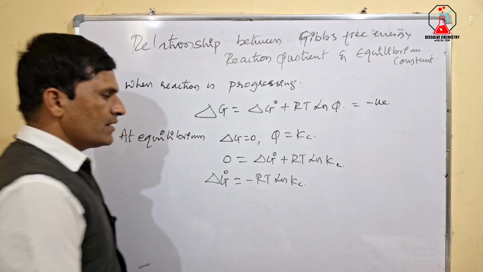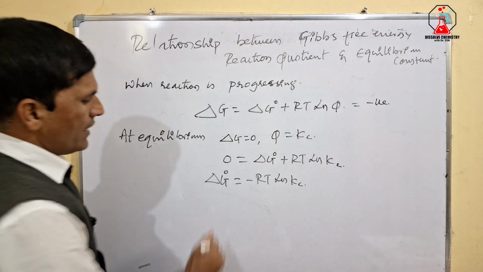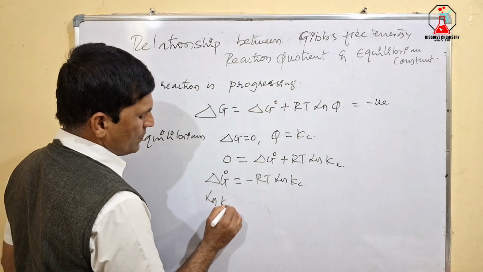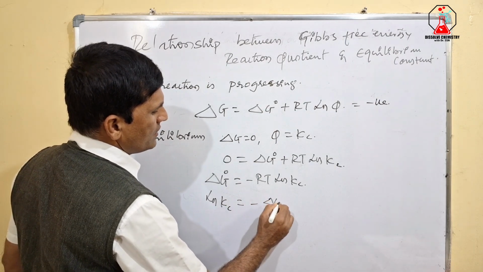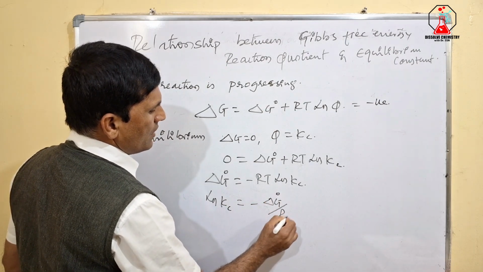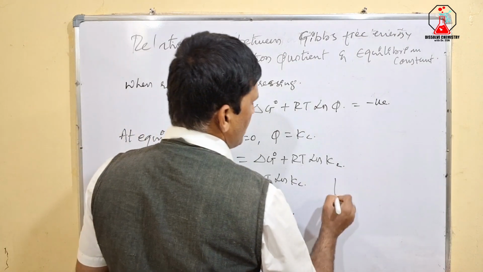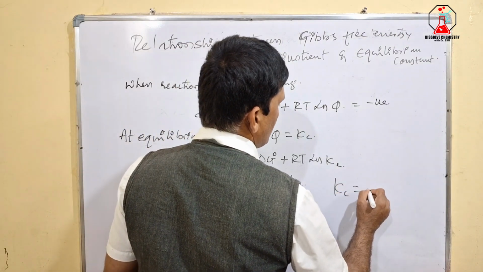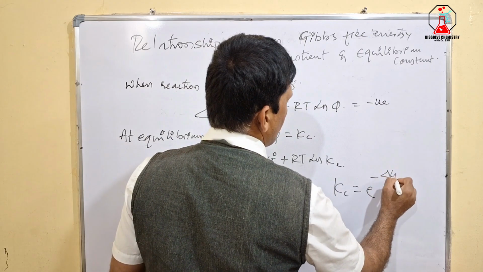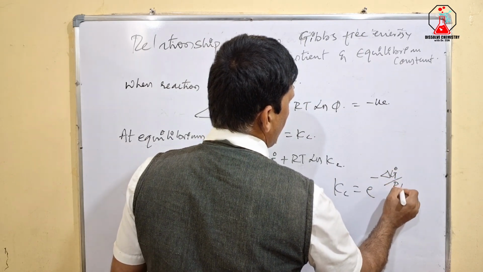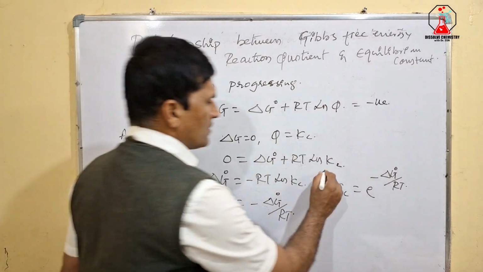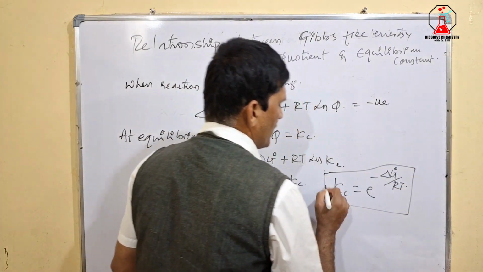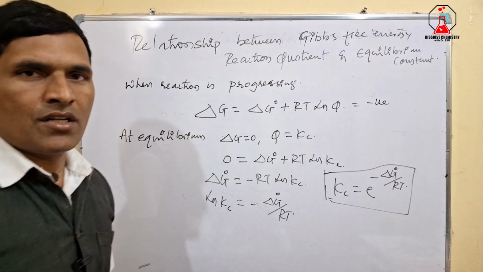Then ln Kc is equal to minus delta G naught by RT, or we can say that Kc is equal to e to the power minus delta G naught by RT. This is how the equilibrium constant is related with Gibbs free energy.